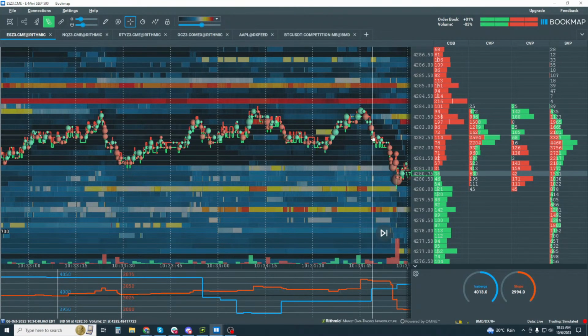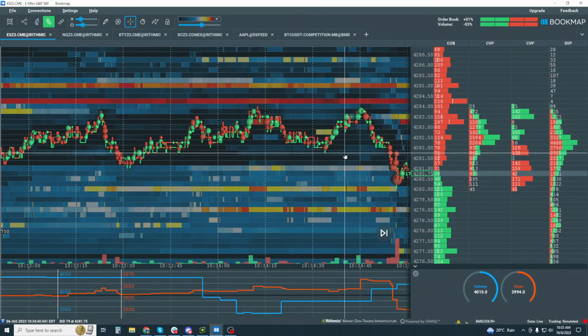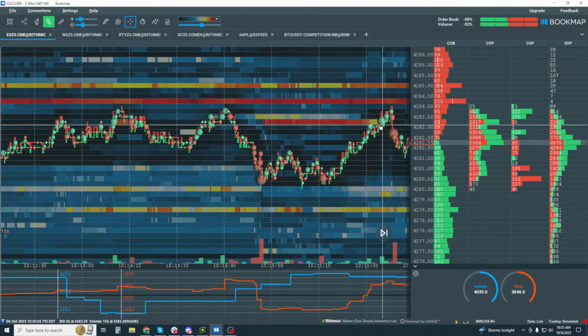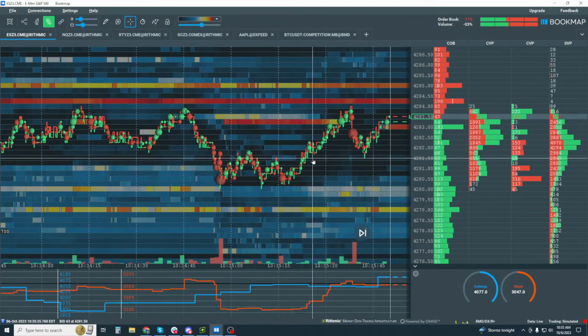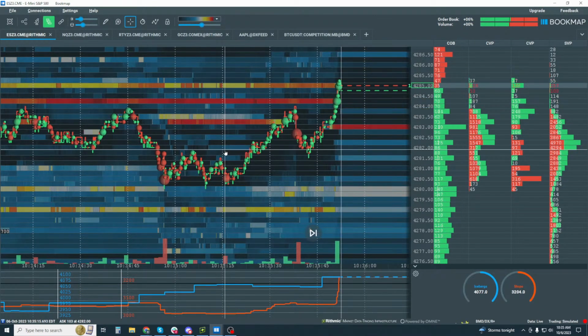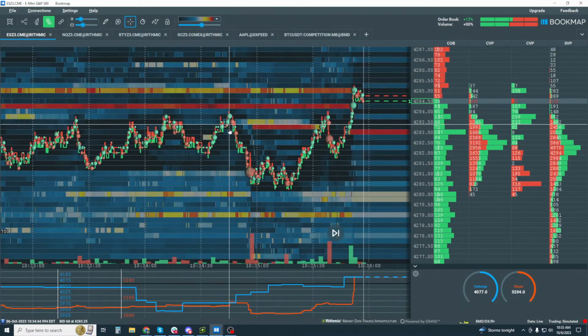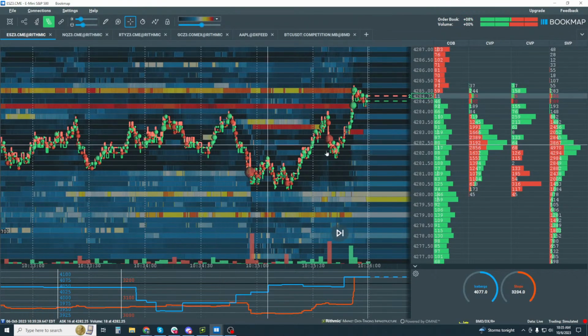And if we don't, if it's kind of dark in here, like it is, it's very easy for sellers to hit the bid into this liquidity. And then a lot of times we will see another retest back up to here, which is actually unfolding right now. Okay, so it was looking good, but no, we didn't have that buying underneath.